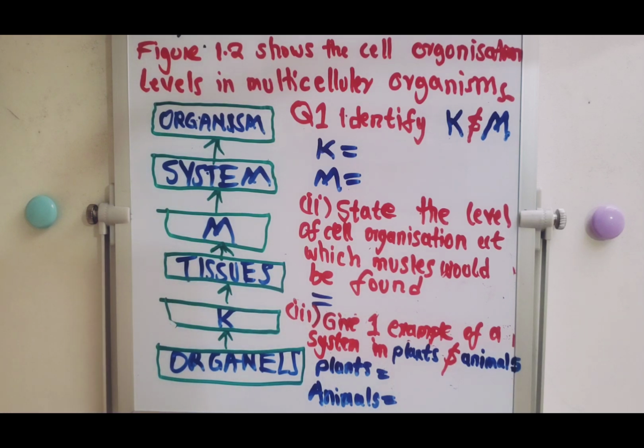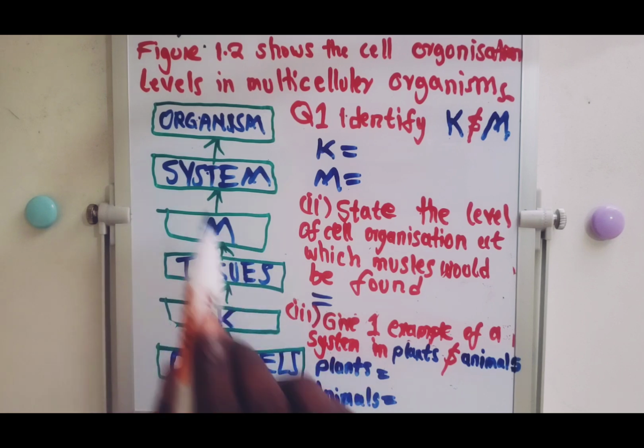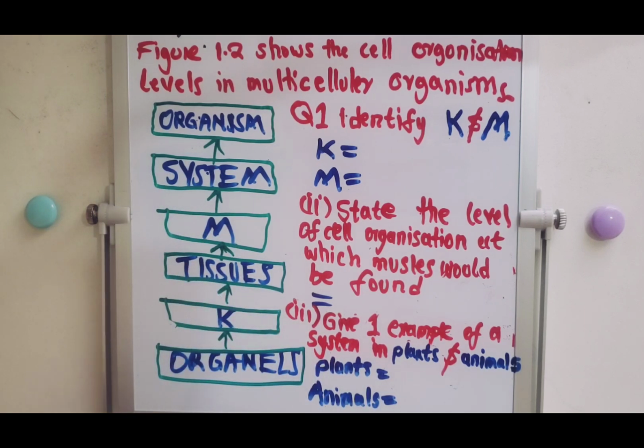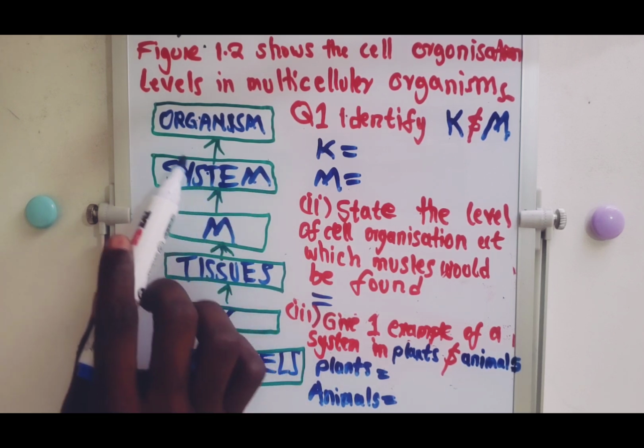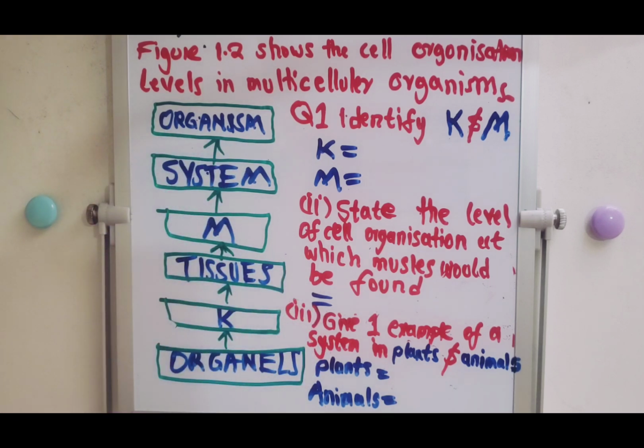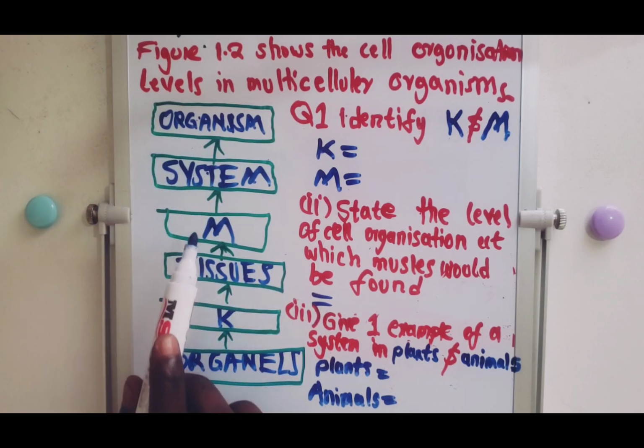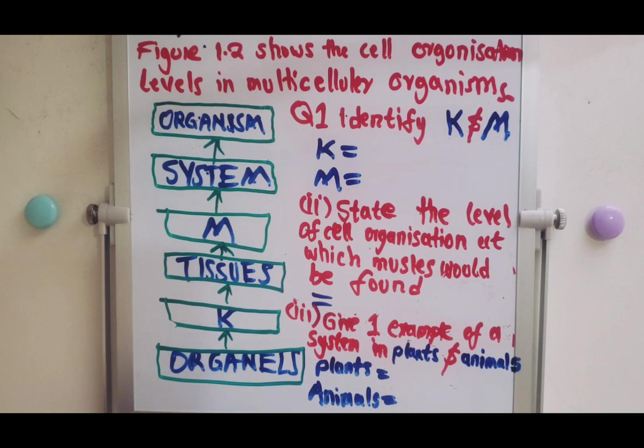So we have this figure here. It shows cell organization, and as we can see, at the bottom we have the organelles, then we have K, then tissues, then M, then systems, and lastly organism. There are arrows showing that we are moving from organelles up until we reach an organism. All right, so here is the question.